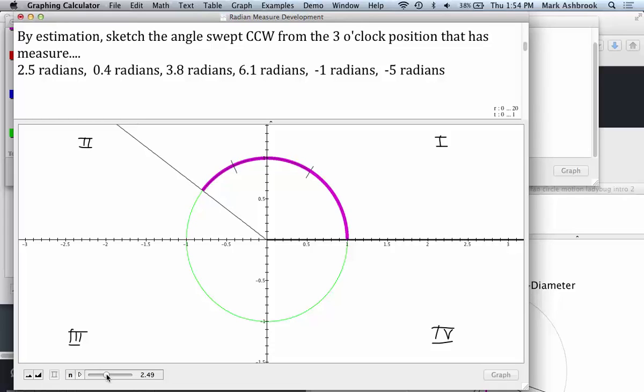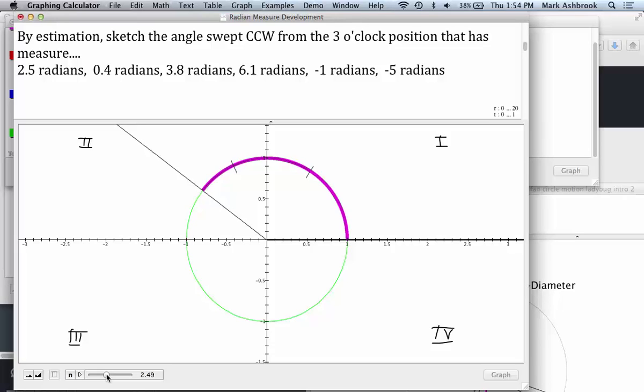All right, I'll get you started. It's because the rays of the angle do what? The rays of the angle do what? Taz? Subtend. Right. Yeah. It's because the rays of the angle subtend or cut off 2.5 radius lengths.